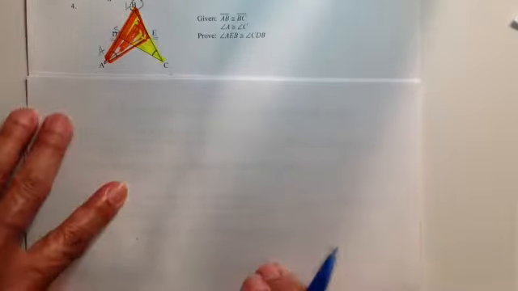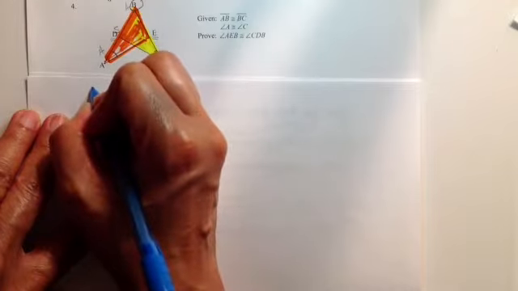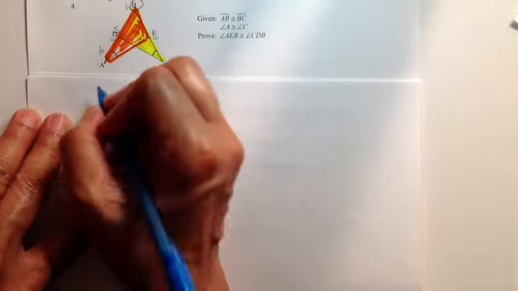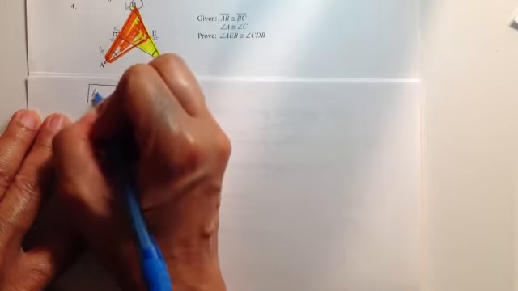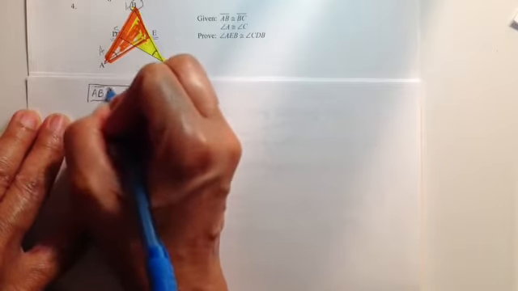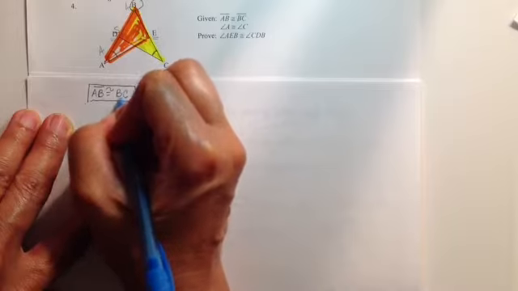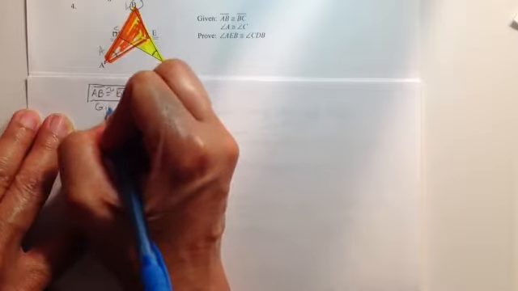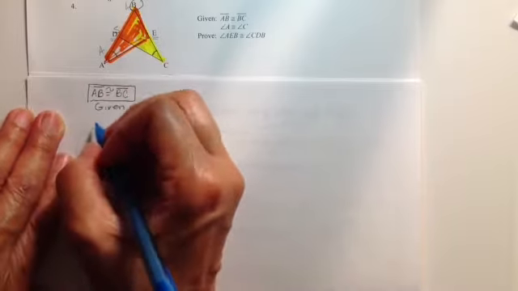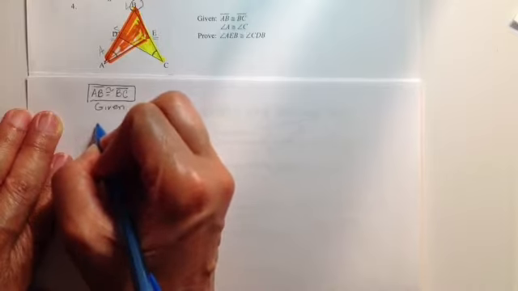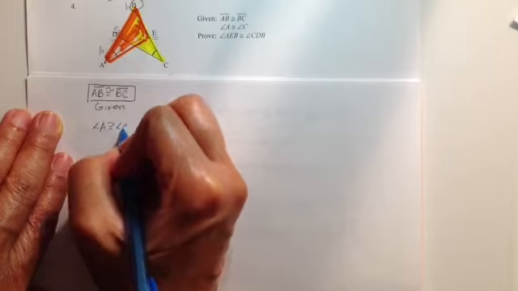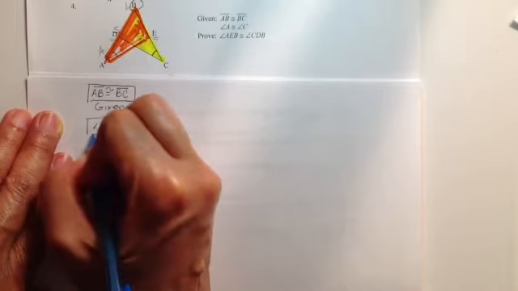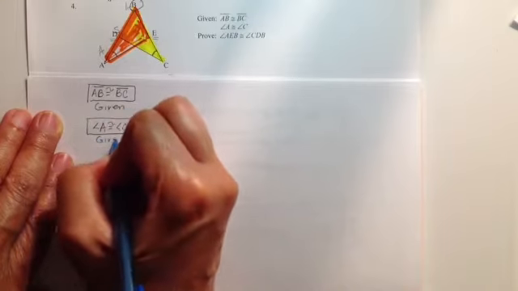All right, so let's get started. Once again, we're going to start with what's given. So what's given to us is that AB is congruent to BC. Why? That's given. And then we also know that angle A is congruent to angle C. Once again, given.